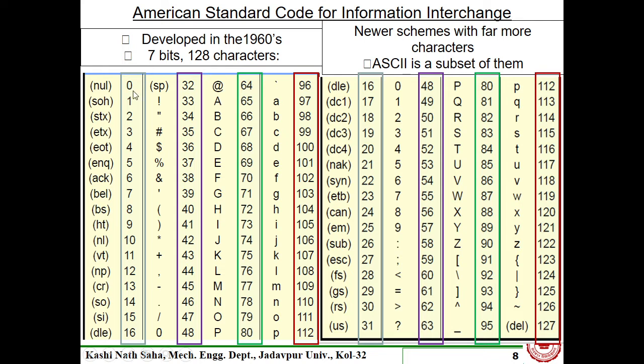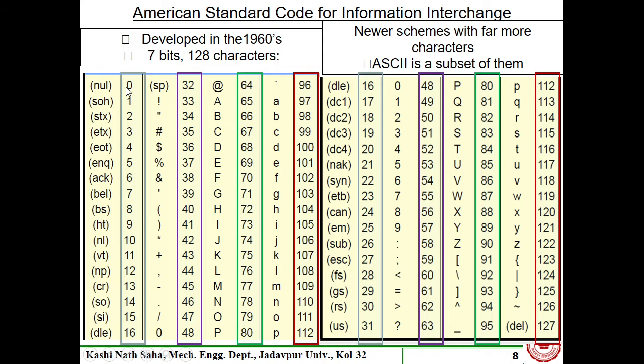Starting from 0, it will go up to 128: 0 to 16, 16 to 31, 32 to 48, 64 to 80, etc. So actually C starts from 0.